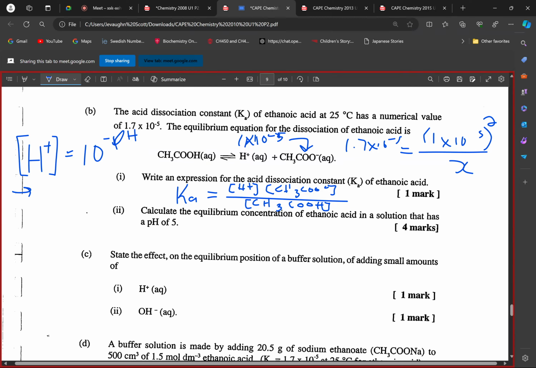Does that make sense? Yes, sir. Do we agree with this approach? You may have a different approach, but do you agree with this approach? Yes, sir. All right, so x is going to be equal to what? Transpose, x is equal to what?